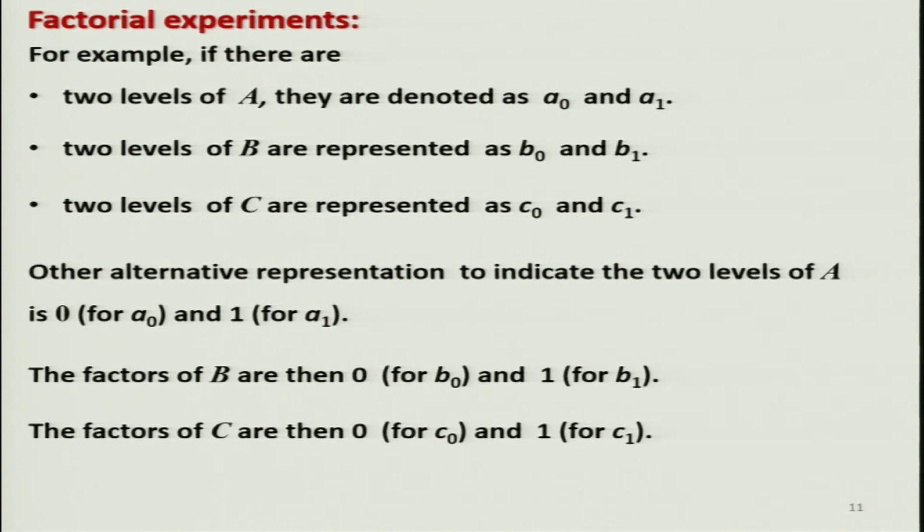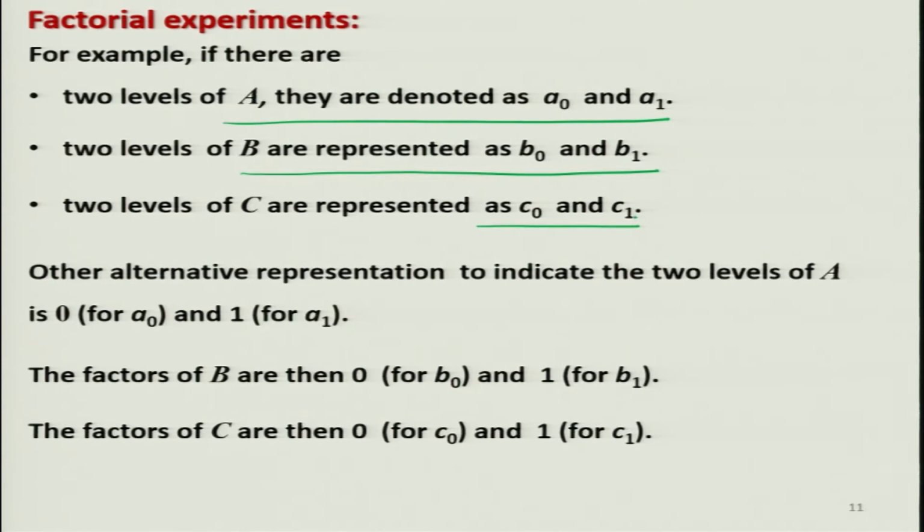Now I can formalize all these definitions. If there are 2 levels of A, they can be denoted by A0 and A1. If there are 2 levels of B, they can be denoted by B0 and B1. If there are 2 levels of C, they can be represented by C0 and C1, and so on.